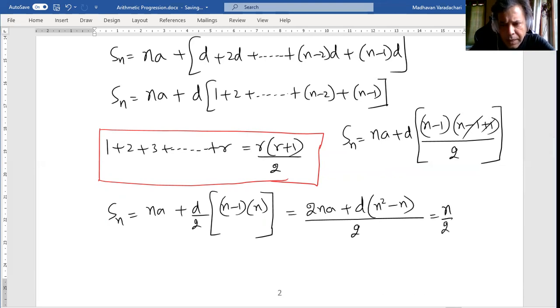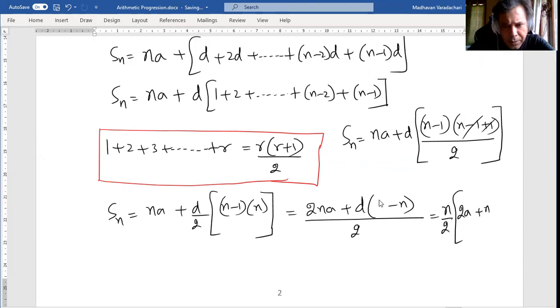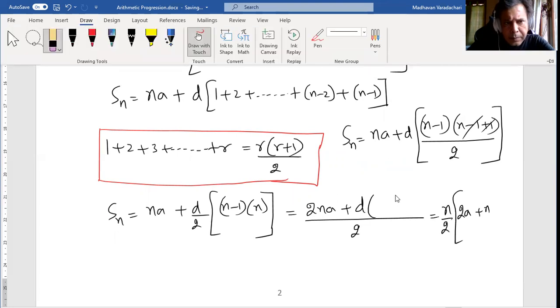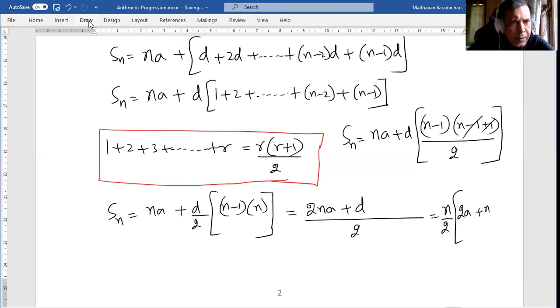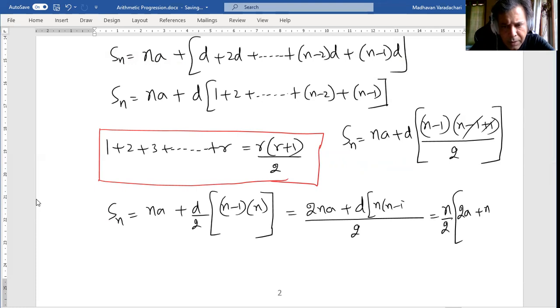I can keep n by 2 times 2a plus d times n into n minus 1.